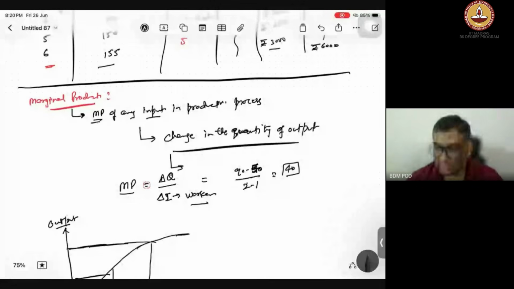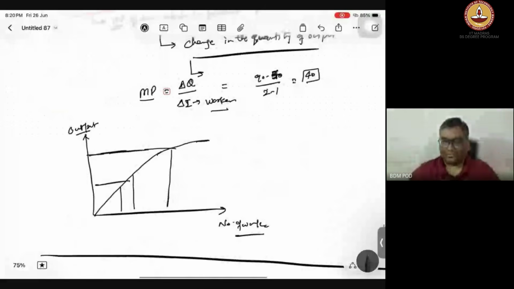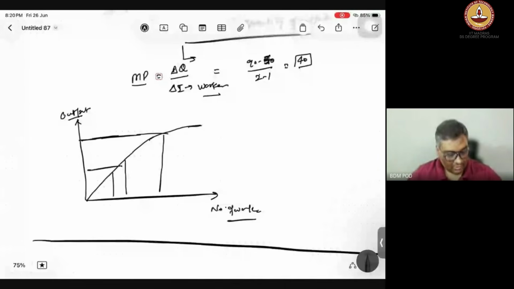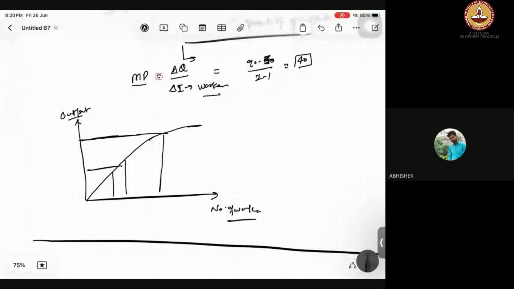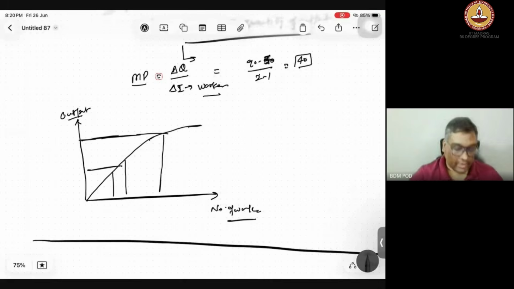Yeah, I hope it is clear now. Yes, sir, it is working. No, I'm getting a call in between actually, because I'm connected with my mobile hotspot, so it might be creating a problem.